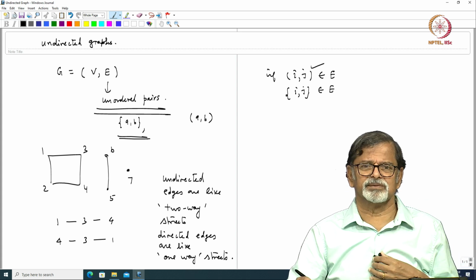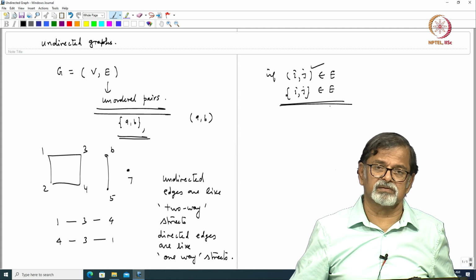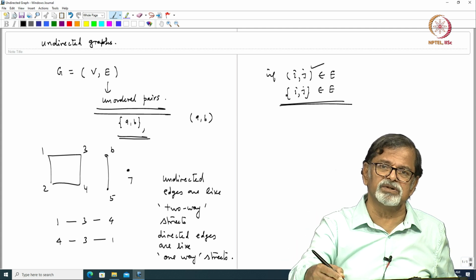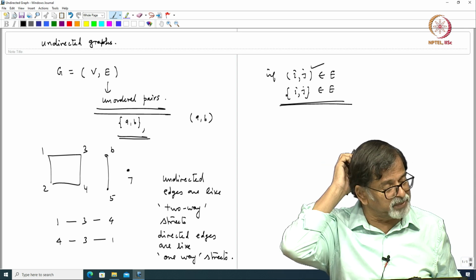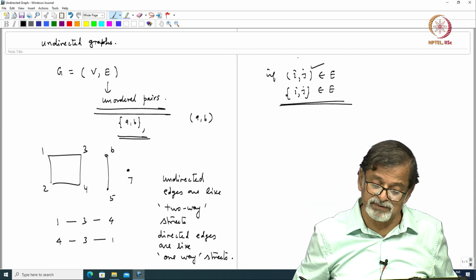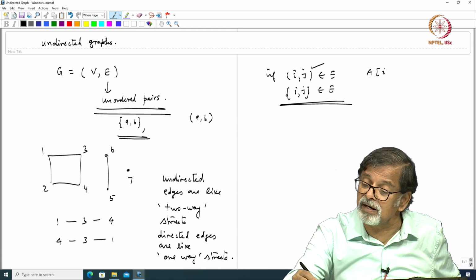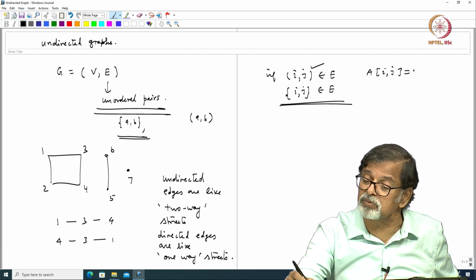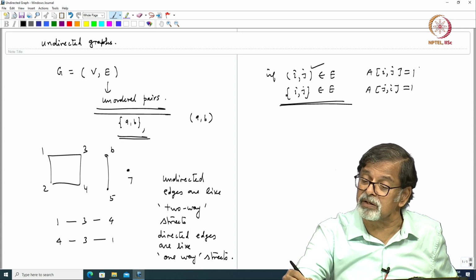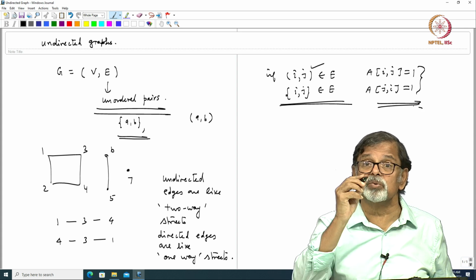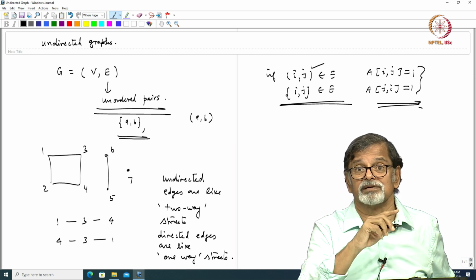You can avoid that ambiguity by writing it like this, but we use the same notation with the understanding that we are dealing with unordered pairs, or an undirected graph. Then Aij equal to 1 and Aji is also 1. There will be two entries that are set to 1.